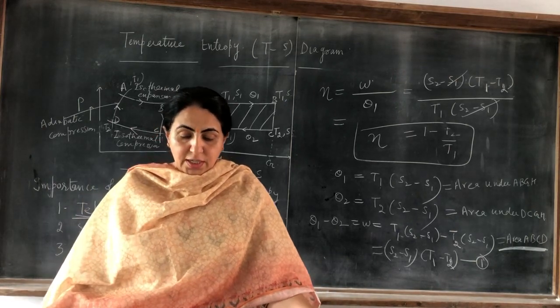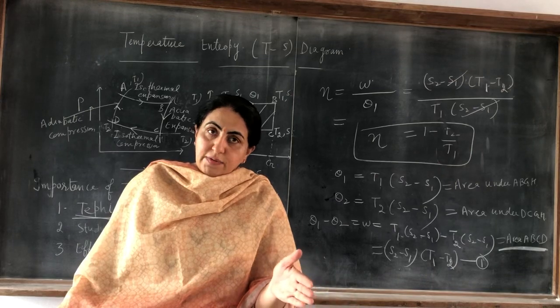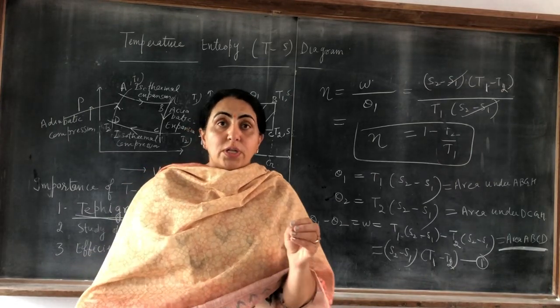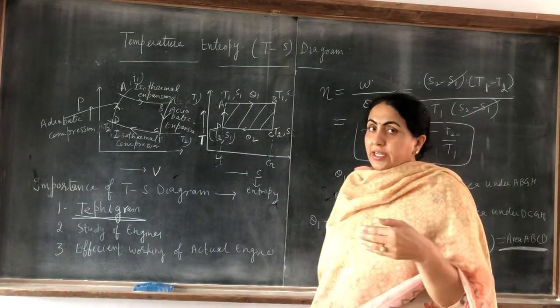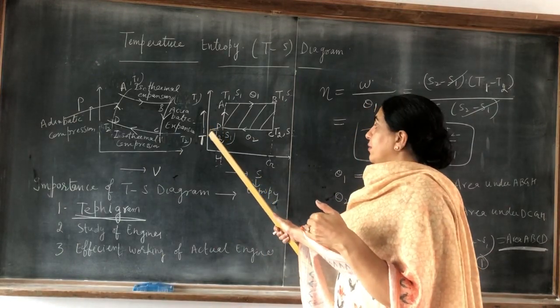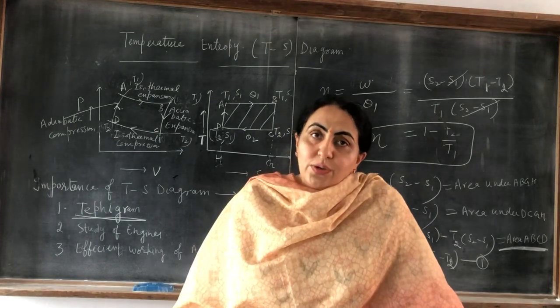Entropy will increase. So then there will be a breakdown of engines. So for actual engines, whether they are working efficiently or not can also be studied from this TS diagram. So thank you very much.